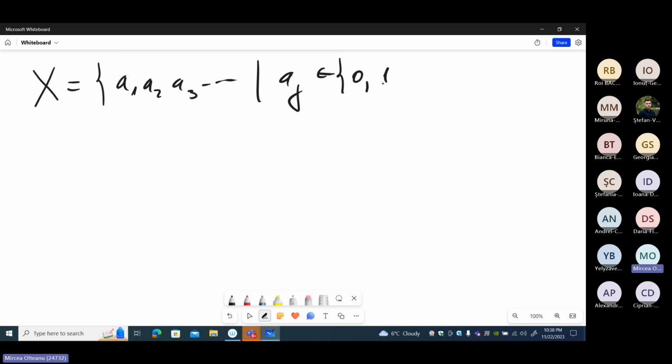So let's consider the set X, the set of all strings of this form, where each a belongs to a set with two symbols. Call them 0 and 1. This is how I put it in the lecture, but we can change. It doesn't matter here. 0 and 1 are not necessarily the number 0. Well, this set is uncountable.